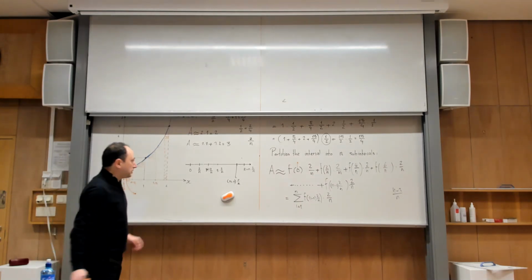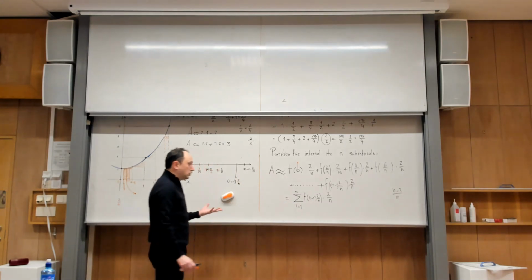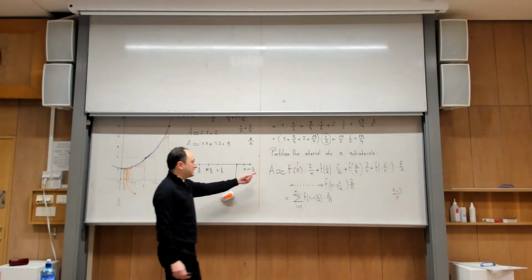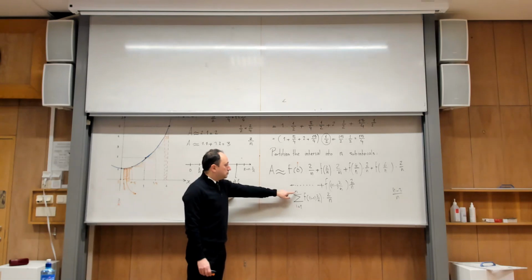Okay. But this is still an approximation. If I want to make the value exact, what I am supposed to do is make the partitions infinitely many. Yes?